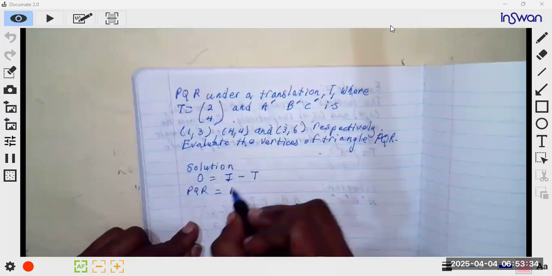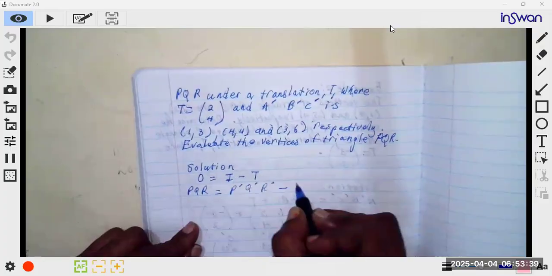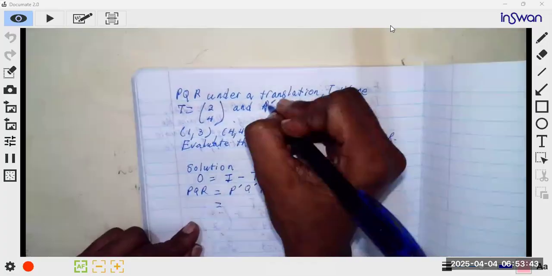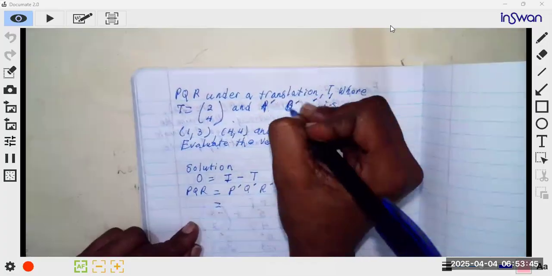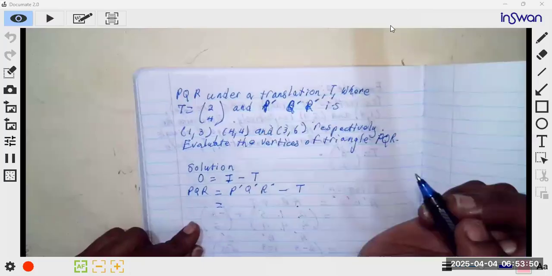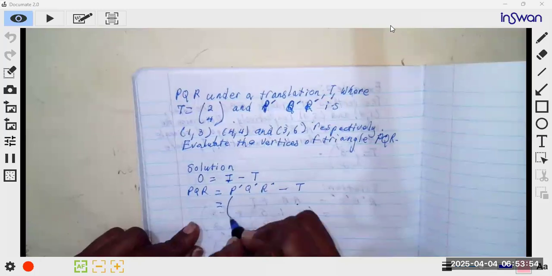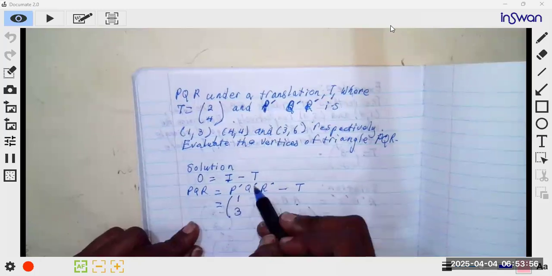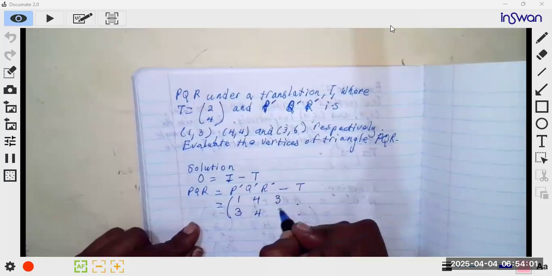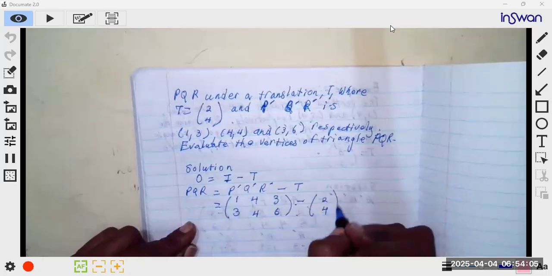So this will be P prime, Q prime, R prime, take away T. This is supposed to be P, Q, R. Right. So P prime is (1, 3). Q prime is (4, 4). R prime is (3, 6). And we're gonna minus (2, 4).